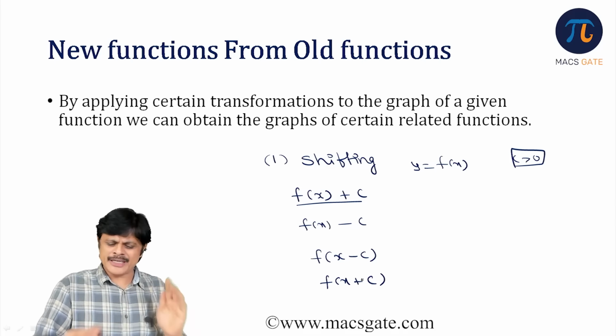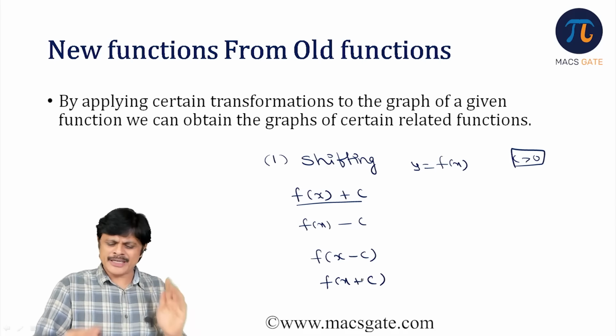Now suppose it is f(x minus c), so the same graph shifts like this. For the argument, you are subtracting c. And suppose it is f(x plus c), the same graph shifts c units left side.